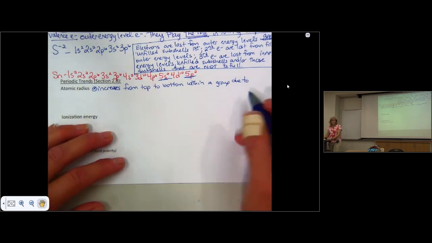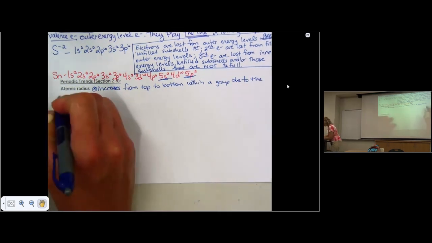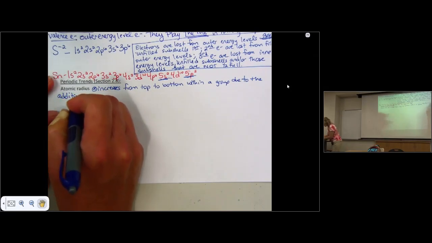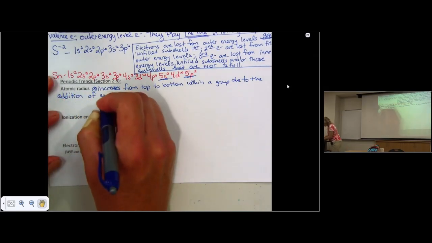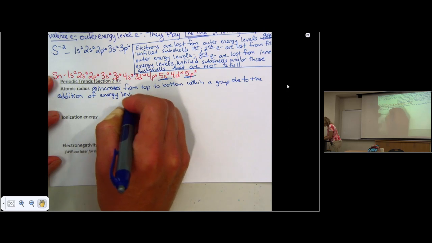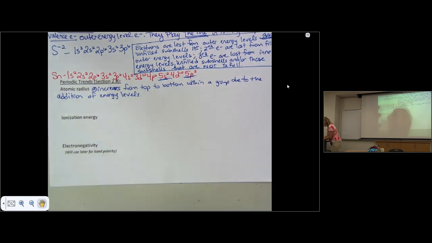Increase in energy levels, the addition of energy levels. So it increases from top to bottom within a group due to the addition of energy levels.